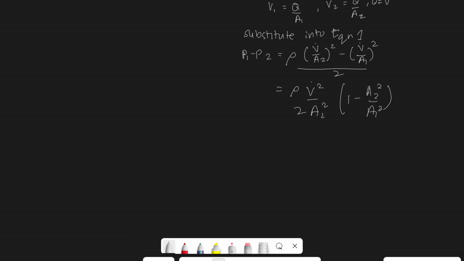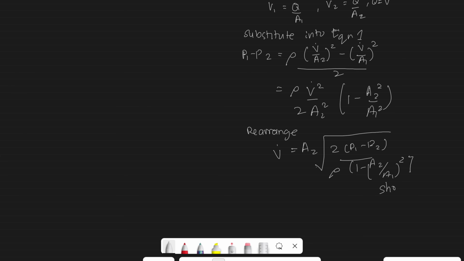Okay, and rearrange, we get V dot is equal to A2 times the square root of 2 (P1 minus P2) over rho (1 minus (A2 over A1) square).